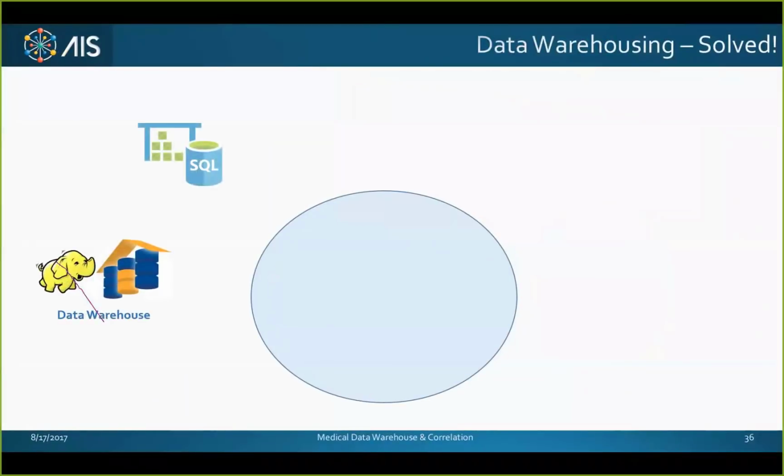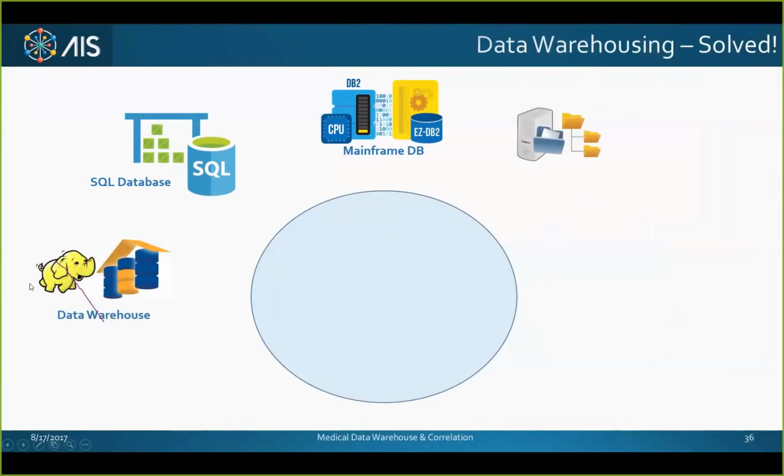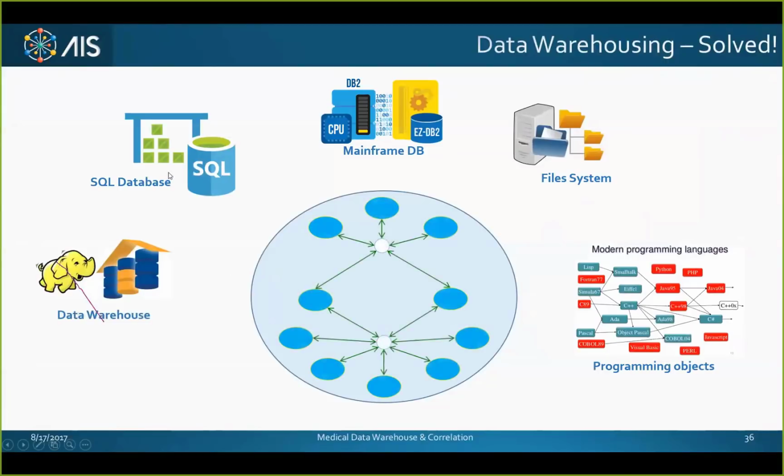So what does that mean from a business perspective? We have a SQL data warehouse, or could be a Hadoop data warehouse, could be a SQL database, could be a mainframe, could be a file system, and could be a programmable object. In the medical community, this is a very important thing, because a product like Epic uses a thing called Cache, which is a programmable object essentially, and very, very difficult to deal with in terms of extracting information.